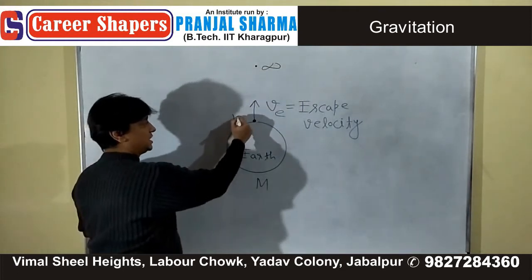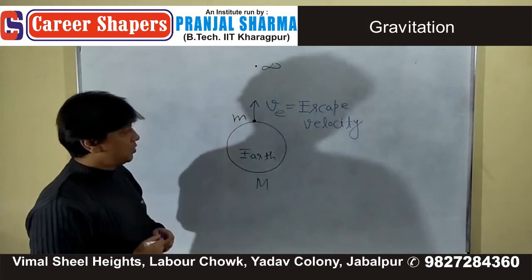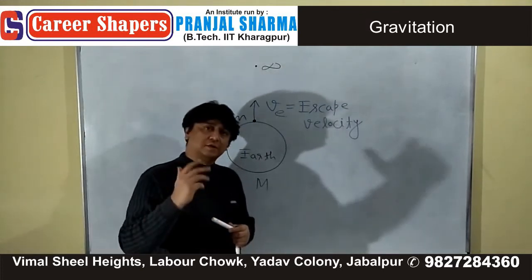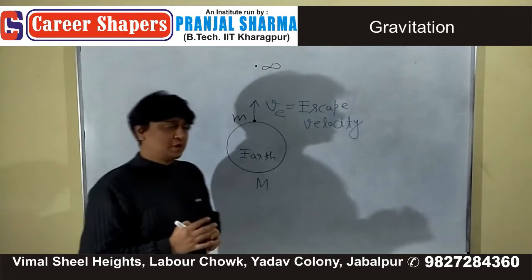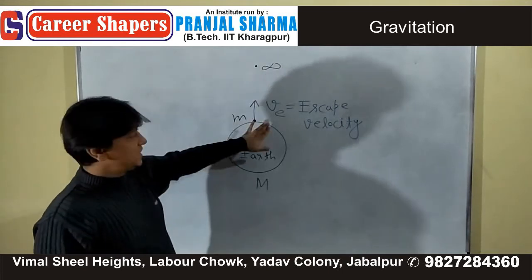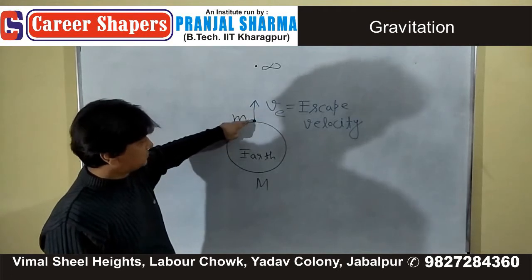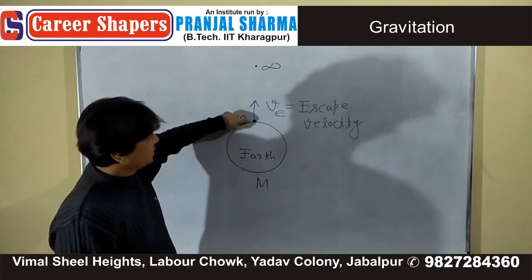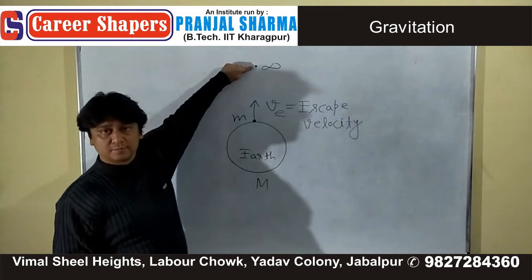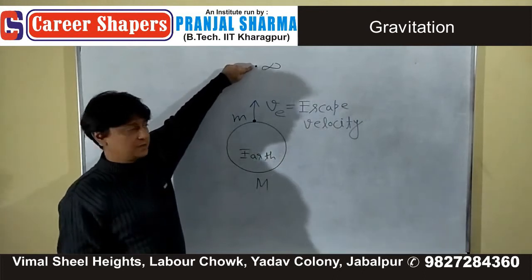Mass of projectile is m. Why do we say that V is minimum? Suppose V is 10. Now when you throw this projectile with 10, it reaches infinity and it cannot come back.